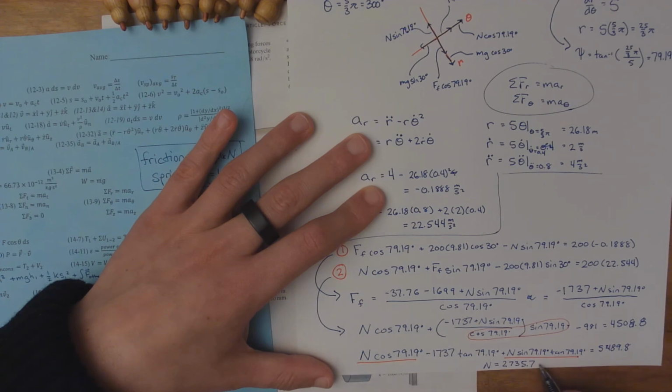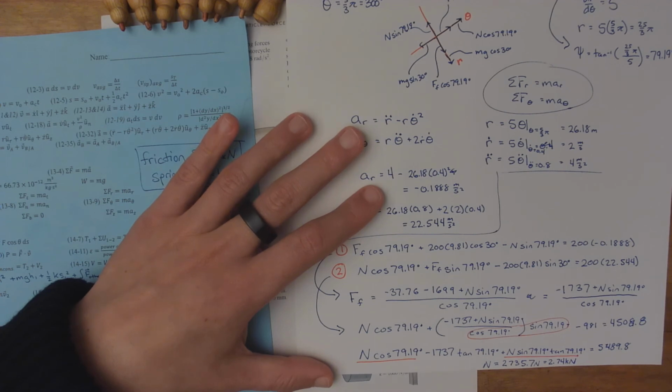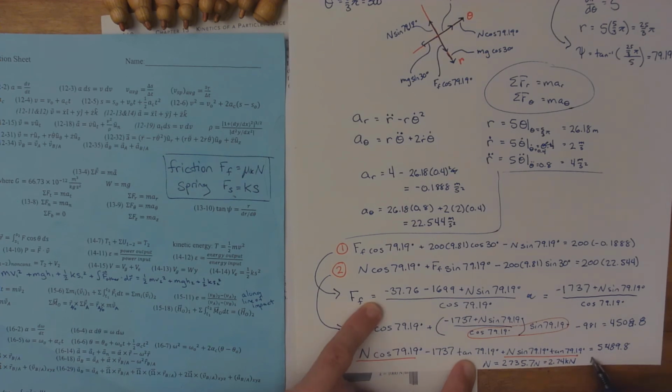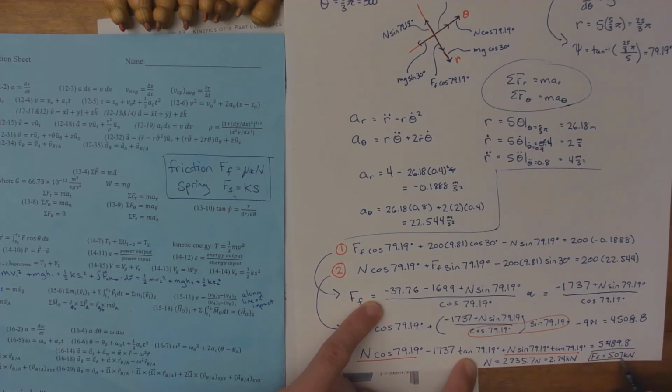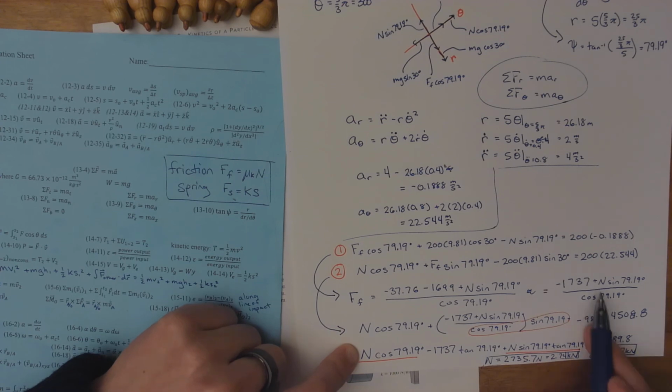That's in newtons, and you can write that as 2.74 kilonewtons. And then for the frictional force, you can take this value of n and put it back in here, and you should have a frictional force of 5,066, or 5.07 kilonewtons. Okay, so that just comes from solving this for n and then taking that value and putting it back in there.